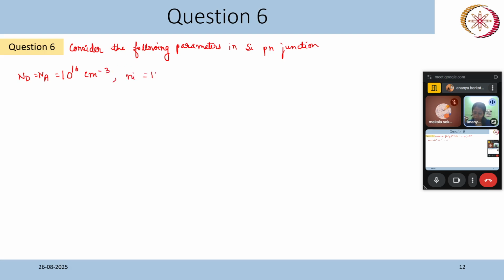Ni is given as 1.5 into 10 to the power 10. Dp is given as 25, what is the unit of diffusion coefficient?